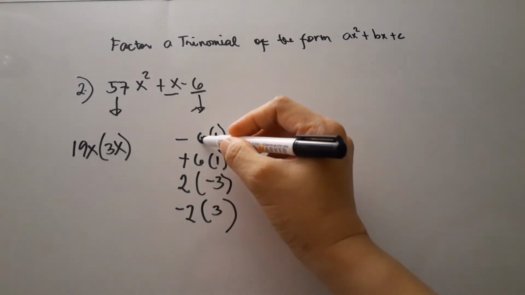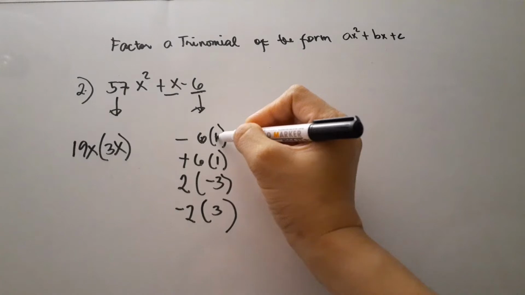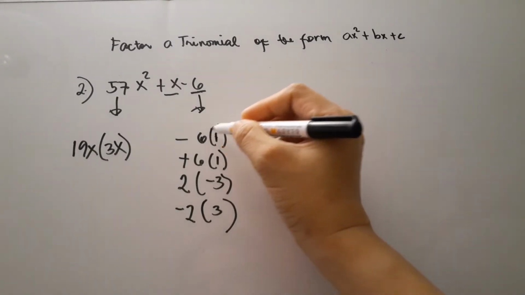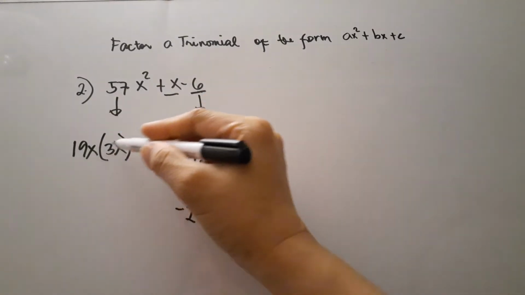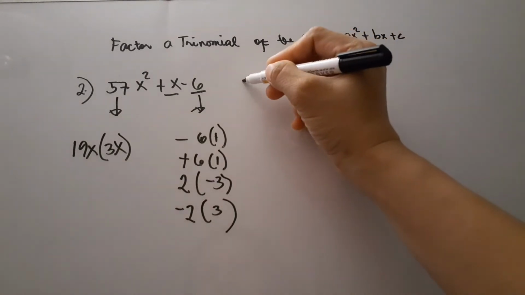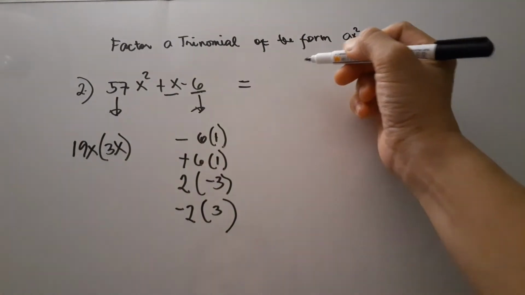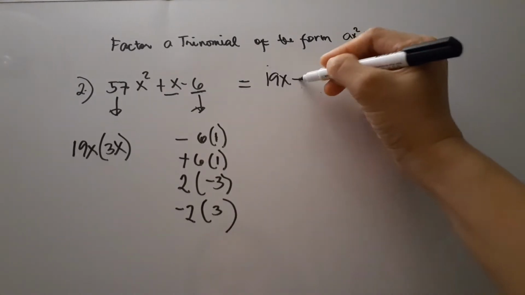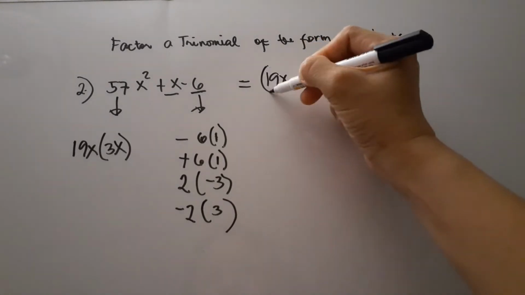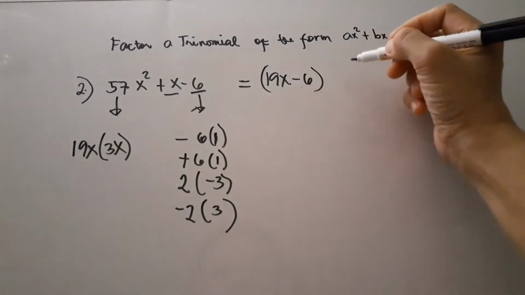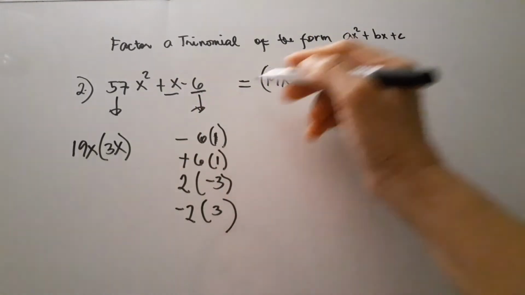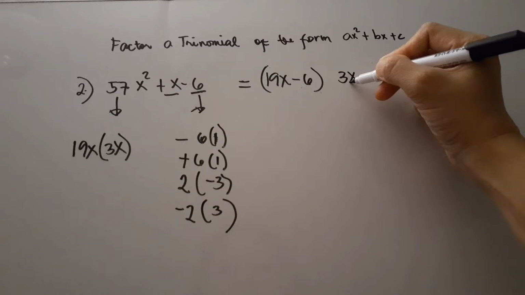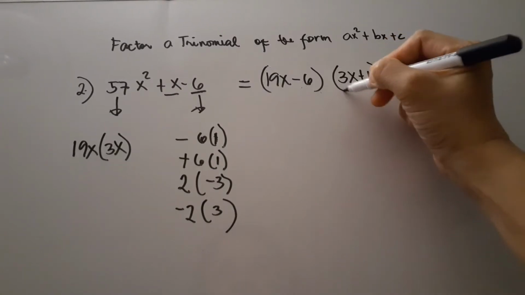Then let's use the trial and error method. Let's take first the factors negative 6 times 1. If it is correct, then those are the factors. Let's see, 19x negative 6 times 3x positive 1.